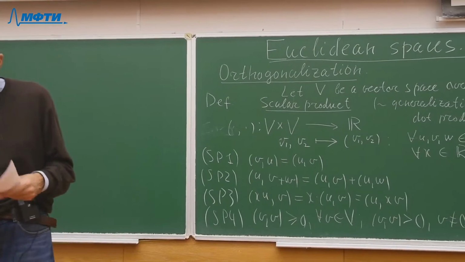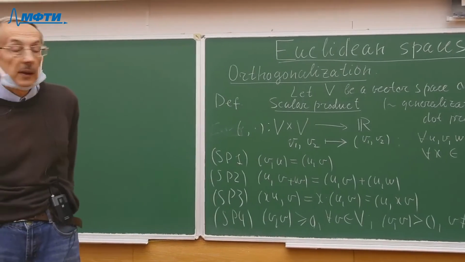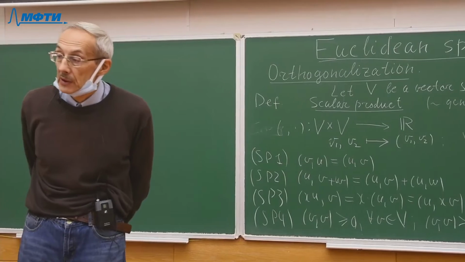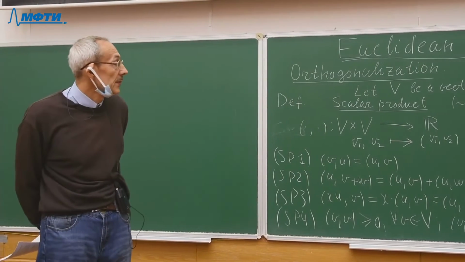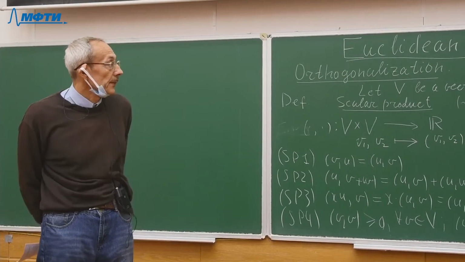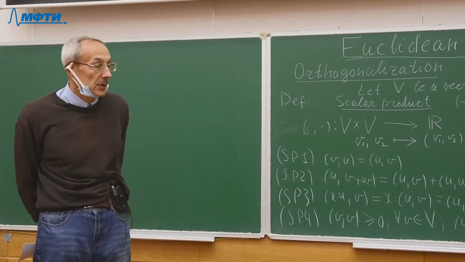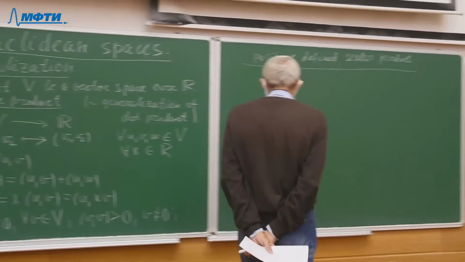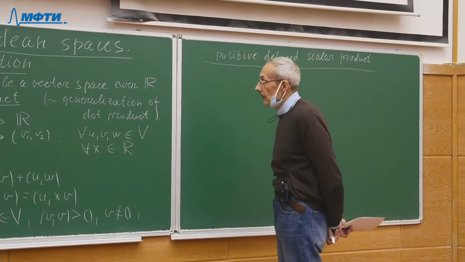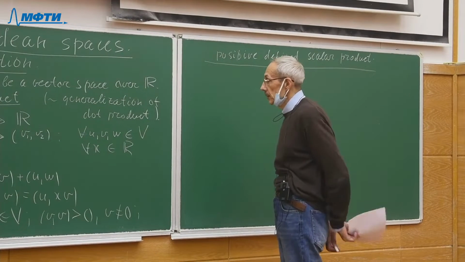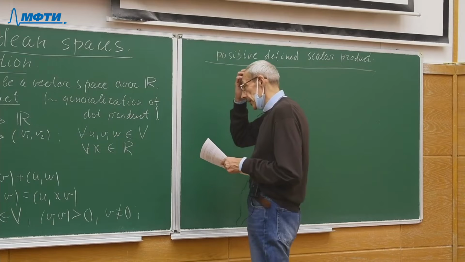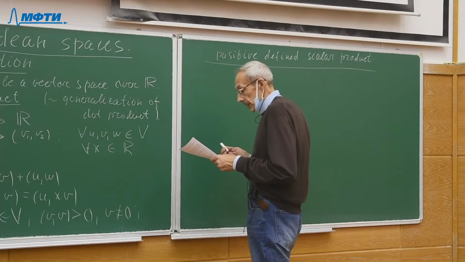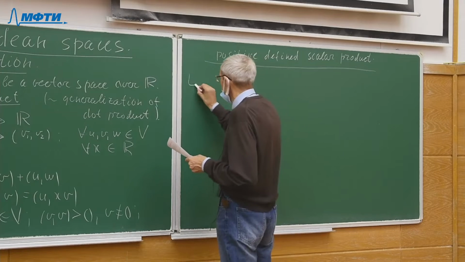This was the main definition of the last lecture, and we considered the following examples of Euclidean structure and Euclidean spaces.